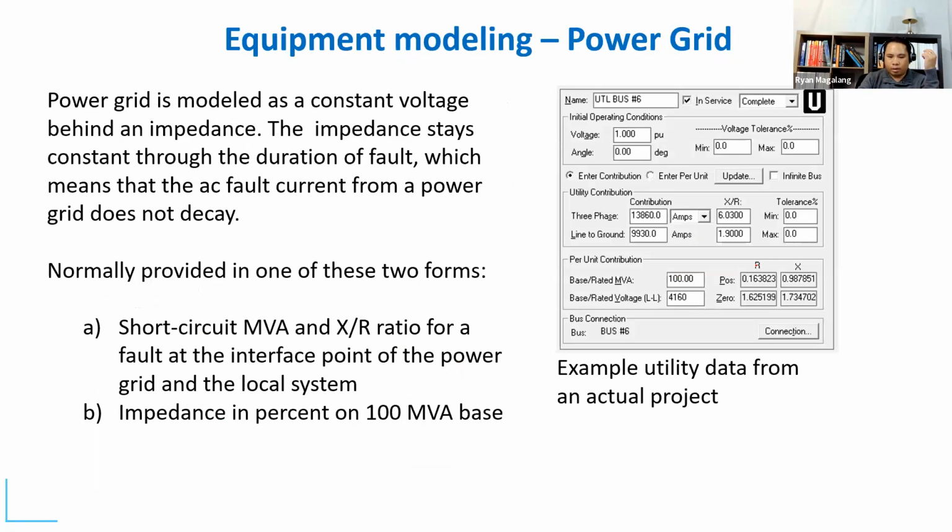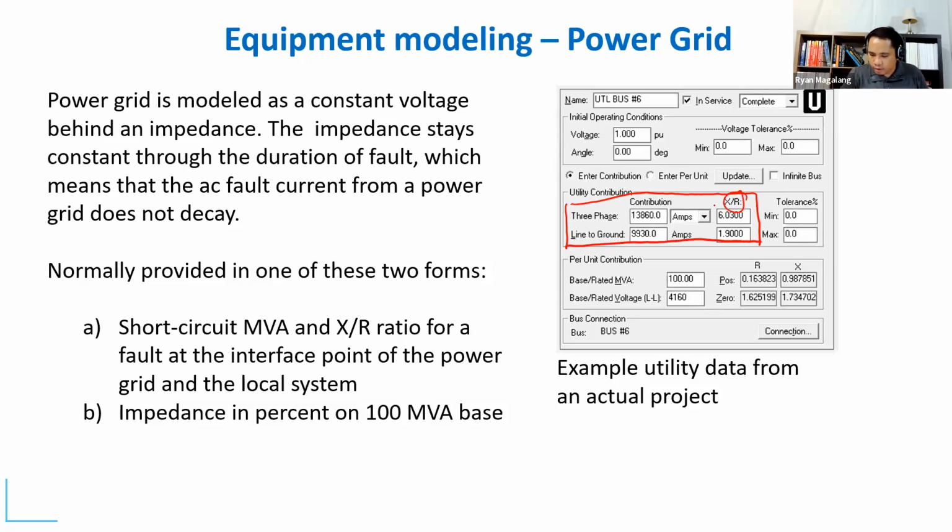So how do we model equipment? These are what you get normally. This snapshot is from SKM. This is what we get normally when we request from the utility. They will give you a three-phase and line to ground fault current and XR.